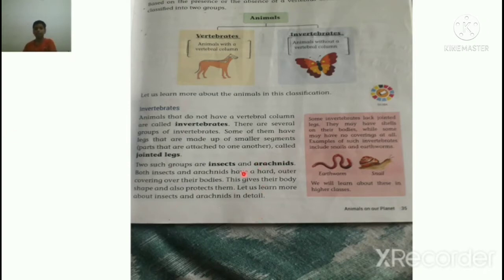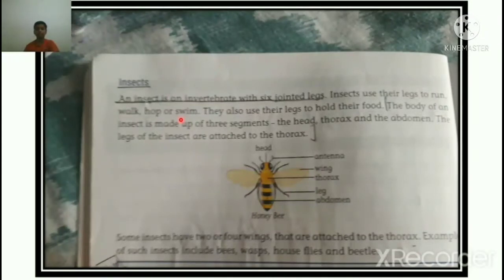And now let's learn about insects and arachnids. So comes the topic insects. An insect is an invertebrate with 6 jointed legs. Insects use their legs to run, walk, hop or swim. They also use their legs to hold their food. The body of an insect is made up of 3 parts: the head, thorax and abdomen.